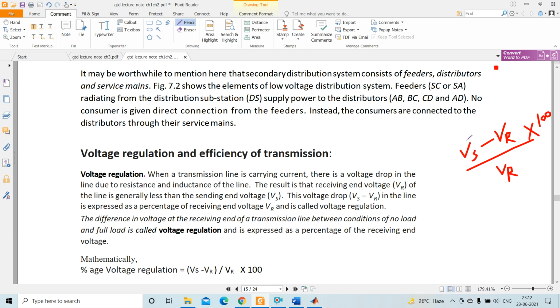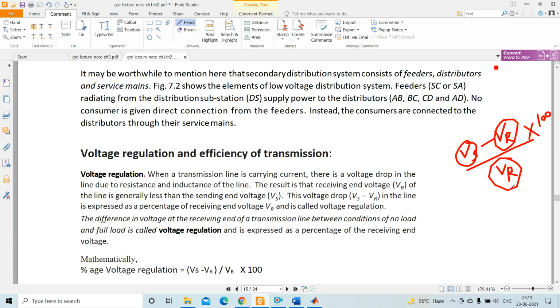So this is the voltage at the receiving end when it is in no load condition, and this is the voltage at the receiving end at full load condition. So the difference of no load and full load condition with respect to the receiving end voltage at full load condition.